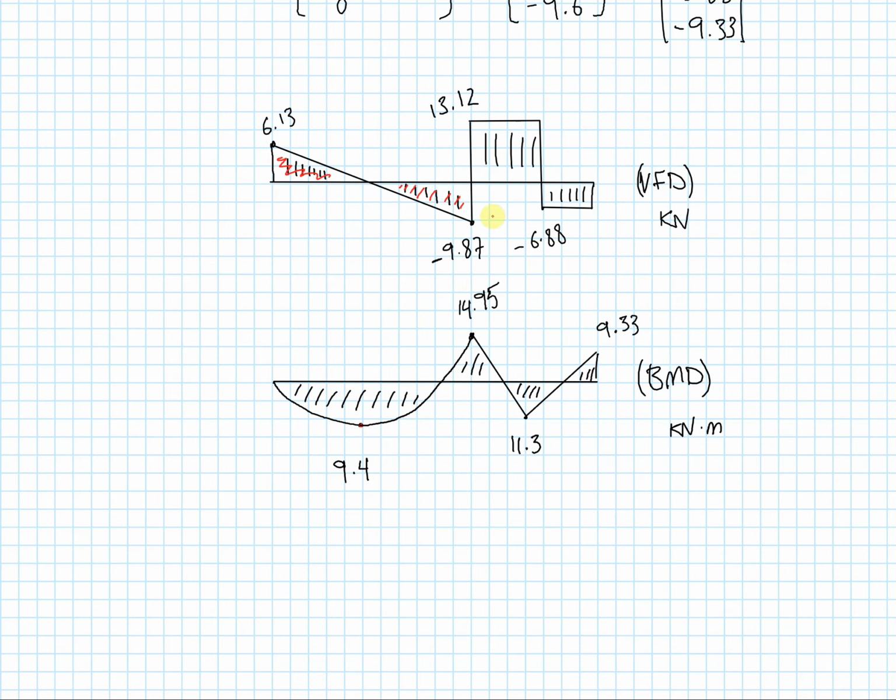And then I had to add the value of this triangle, so that took me back down to 11.3. And by the way, this is a rectangle, not a triangle. And lastly, subtracted the value of this rectangle, and that took me to a value of 9.33. So hopefully I've done the math correctly here. If there are any mistakes, please let me know. I'll make the corrections accordingly.